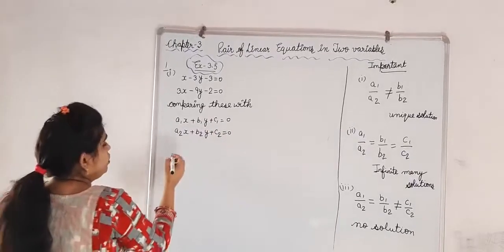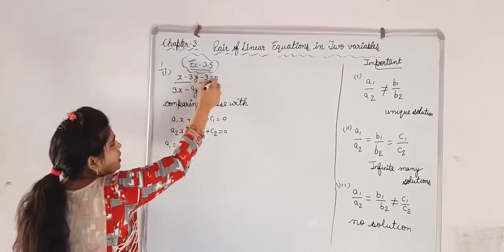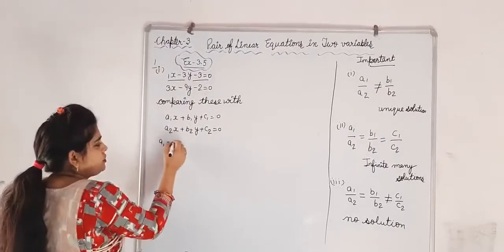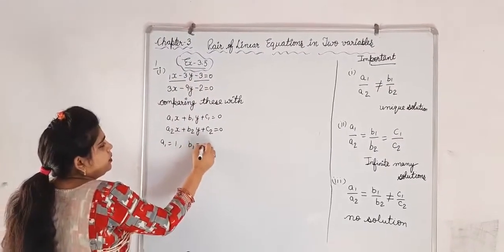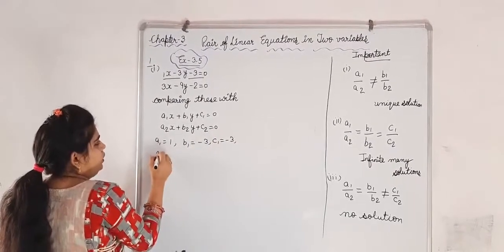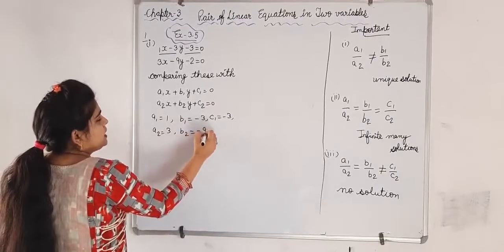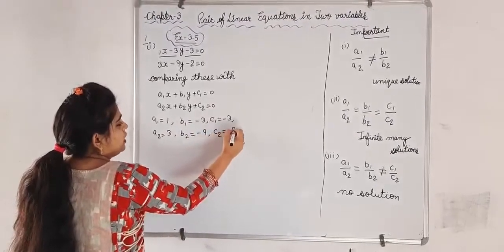Now on comparing, this is our first equation. a1, the coefficient of x, is 1, b1 is minus 3, c1 is minus 3, a2 is 3, b2 is minus 9, c2 is minus 2.